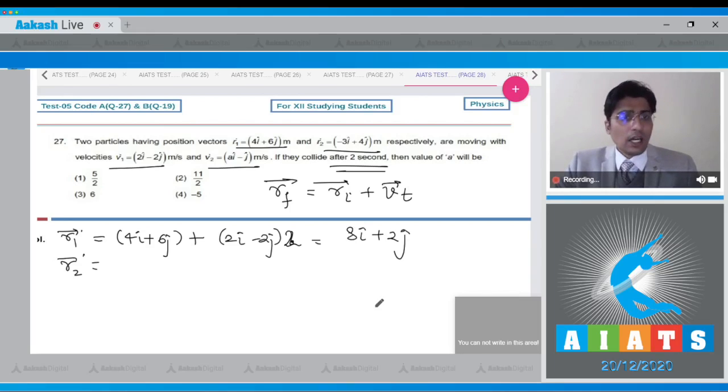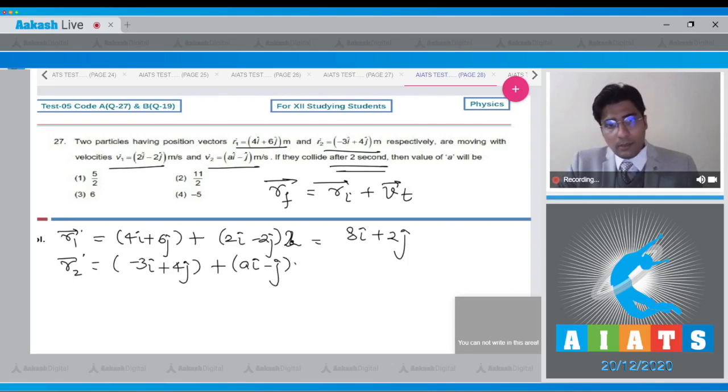For the second particle, R2 dash will be equal to the initial position minus 3i cap plus 4j cap plus a i cap minus j cap into 2. This will be equal to minus 3 plus 2a i cap plus 2j cap. Now these two positions should be the same for them to collide.